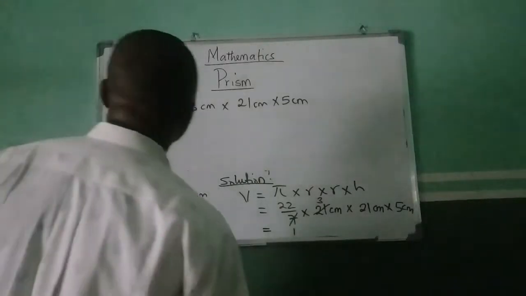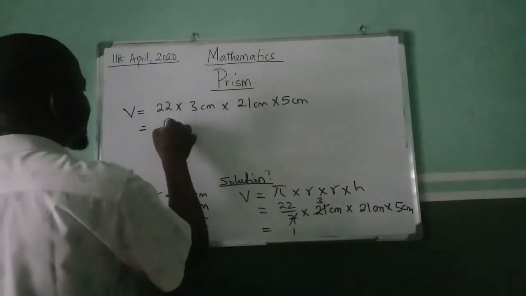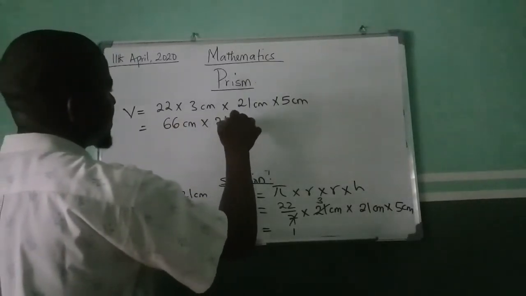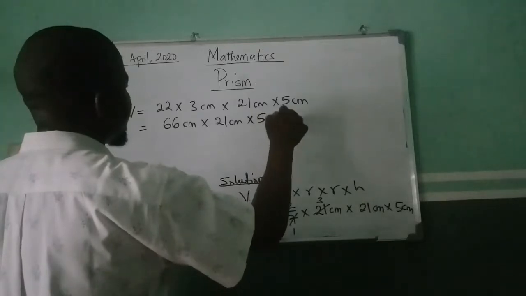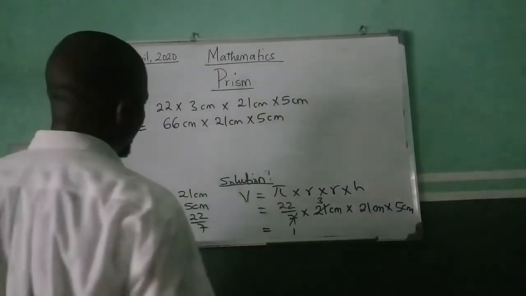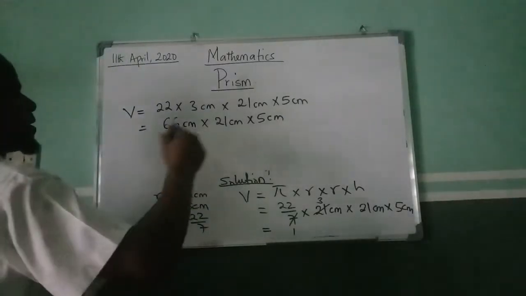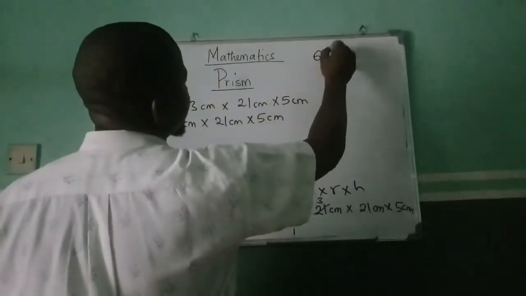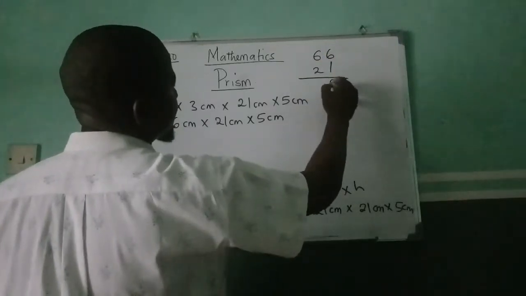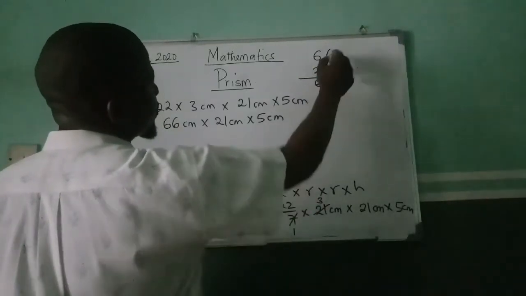Now, this will give me what? 66 centimeters times 21 centimeters times 5 centimeters, if I multiply the first two. Okay. Now, 66 multiplied by 21, what will that give me? 1 times 6 is 6. 2 times 6 is 12.